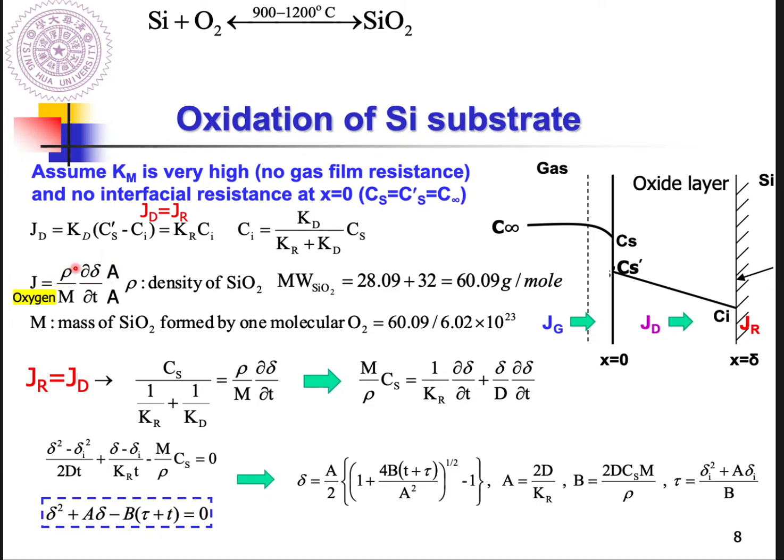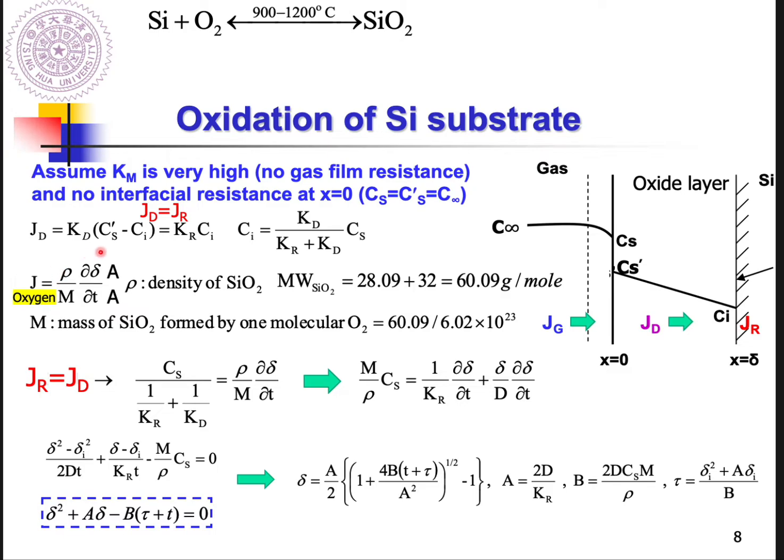So you times the density of the oxide, and you get the total weight of oxide. Then you divide it by the mass of oxide formed by one molecule. So you will get how many oxygen molecules are consumed to form this weight of oxide.